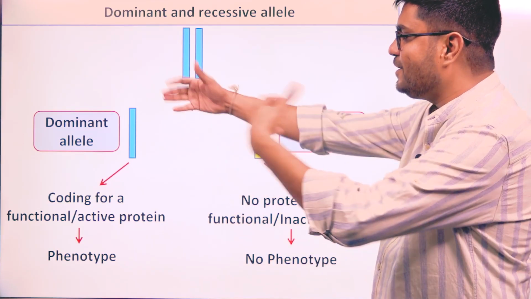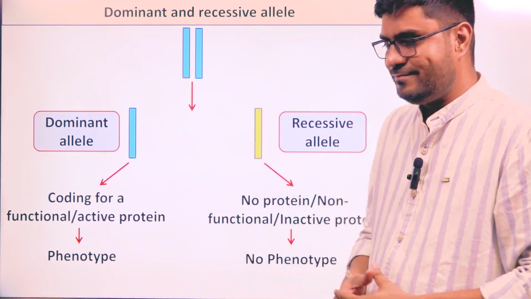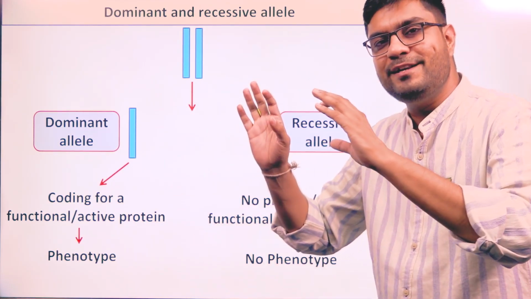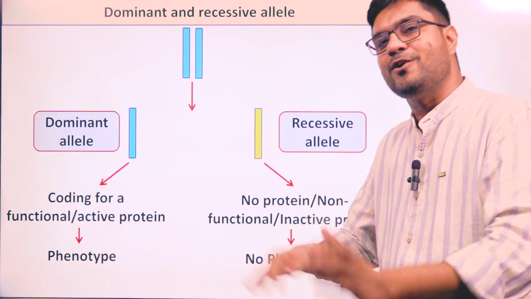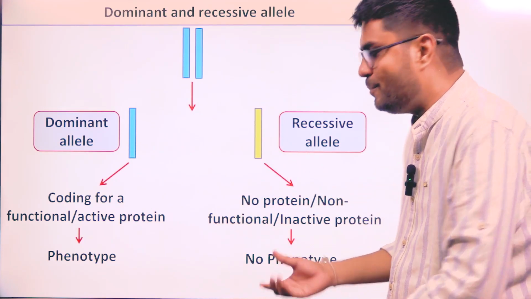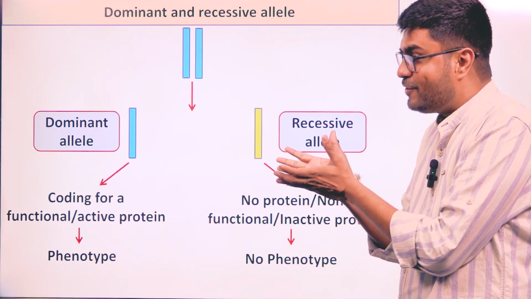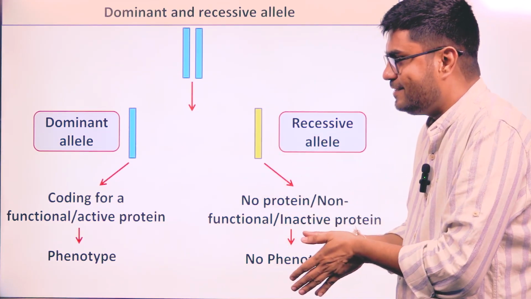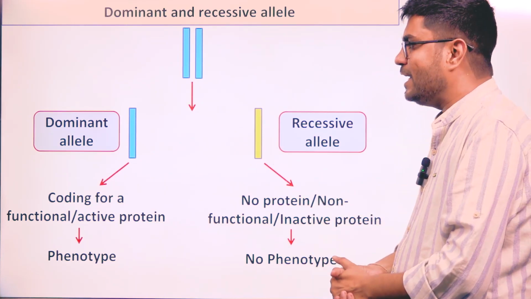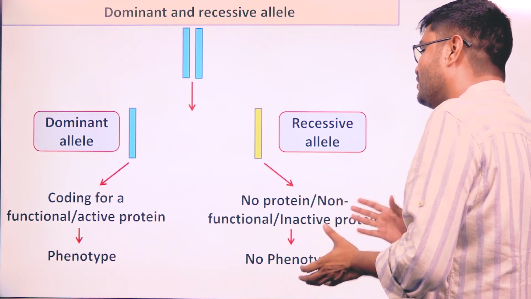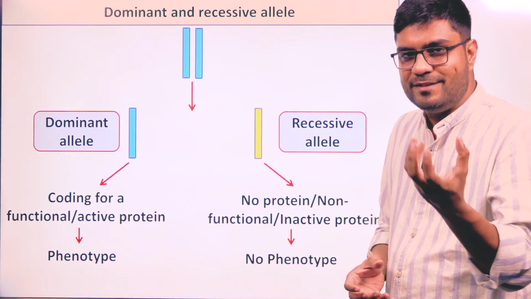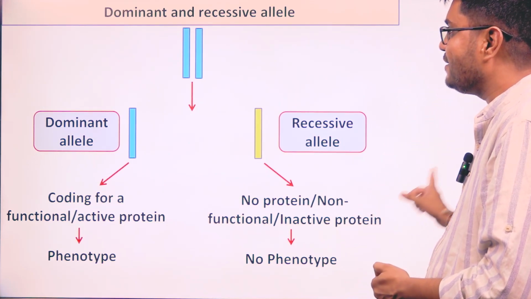So to make something tall, you need a protein. And if that protein is not present, then the same thing automatically becomes what? Dwarf. To make something dwarf, you don't need anything, right? So if that particular protein action is present, then we have dominance. And if that particular protein action is not present, then we have a recessive condition, right?